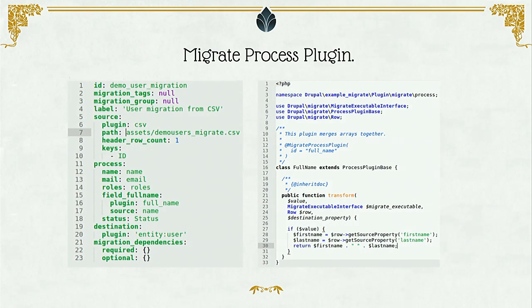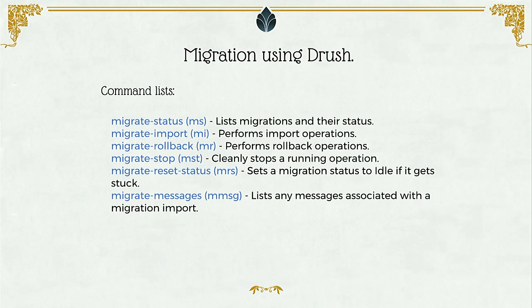Rakesh? So I will show you how the process plugin works also. Next one is, what do the Drush modules help us to do? We need to find out how it gets run. When you're installing Drush modules, you need to install Migrate Tools. Once you install the Migrate Tools module, that will allow you to use these Drush commands.